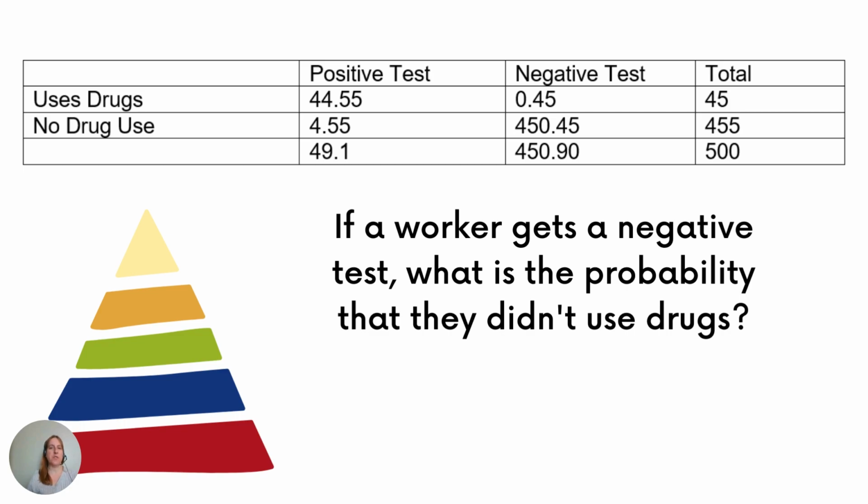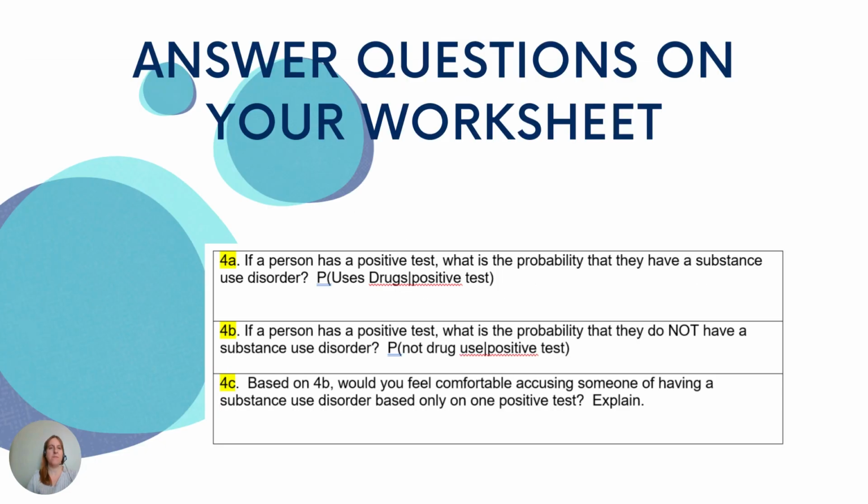I know that this person has a negative test, so I am only using the column for a negative test result. Remember, we would then find probability as the number of desired outcomes divided by the total. But our total would only be the value of 450.9, the total number of people who got a negative test result. On your worksheet, please finish number 4, A through C.